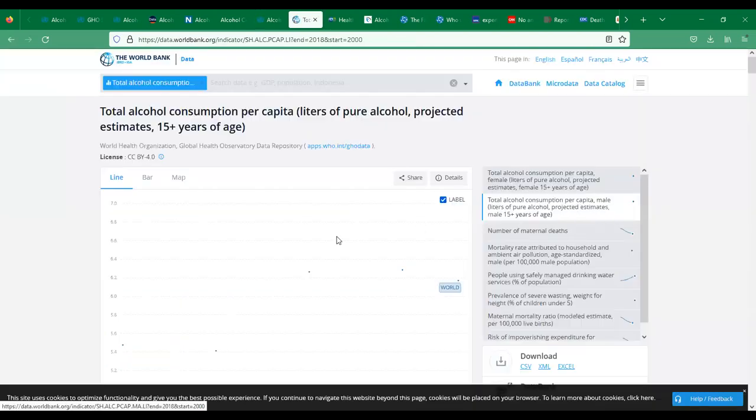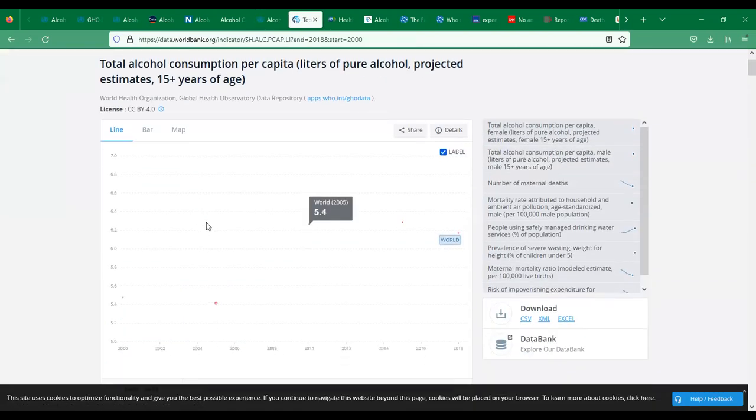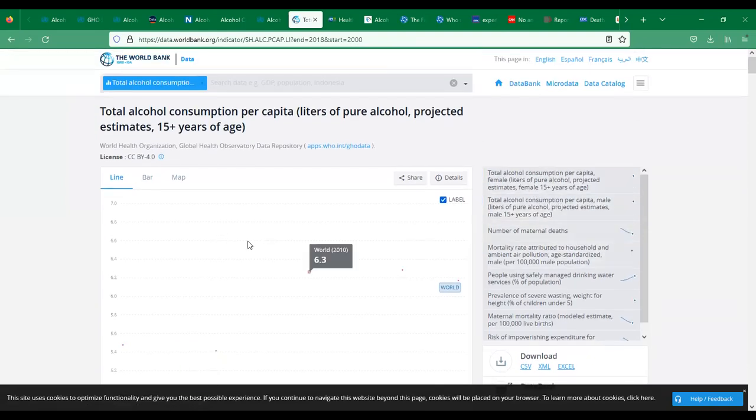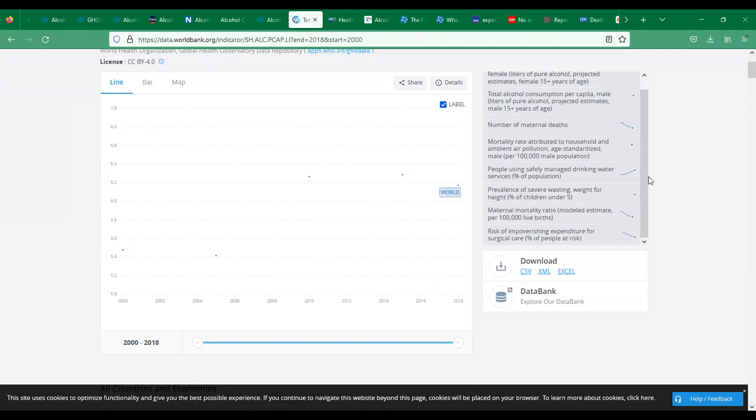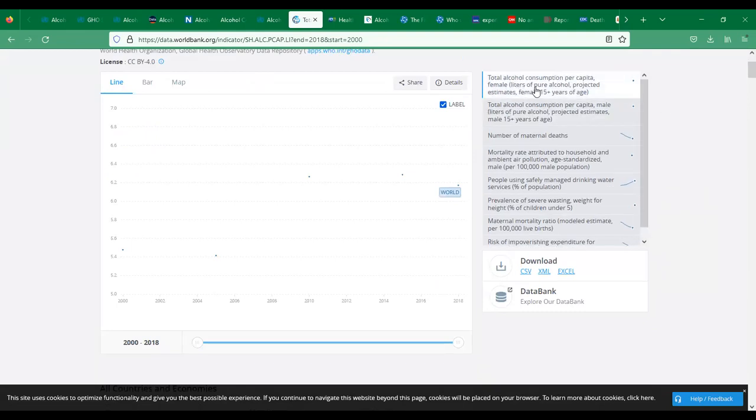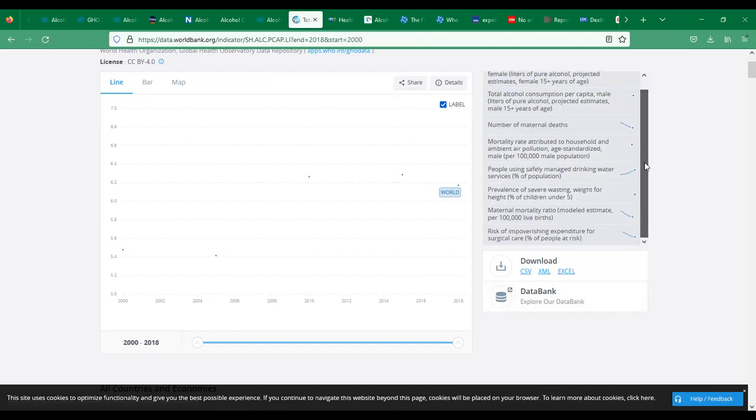We're going to look at the World Bank as well. As I showed you in the previous video, you can go to DataBank and look at these indicators: total alcohol consumption per capita, total alcohol consumption per capita male, and so on.